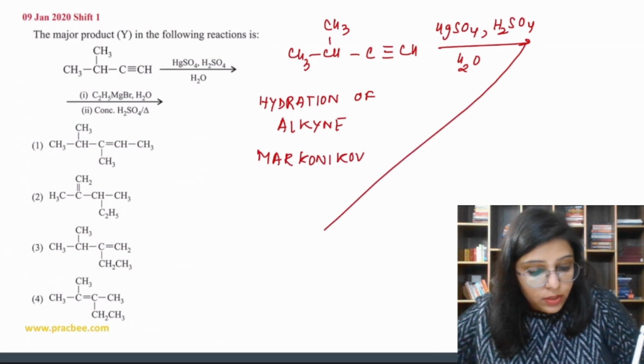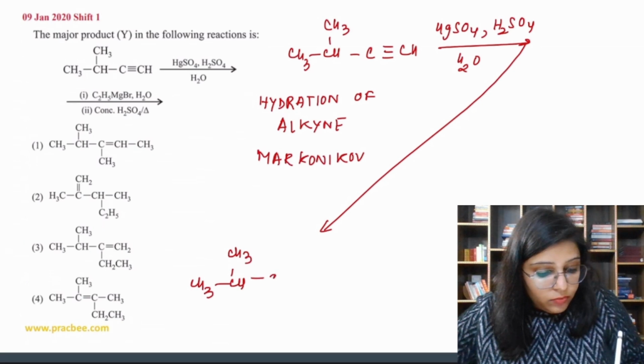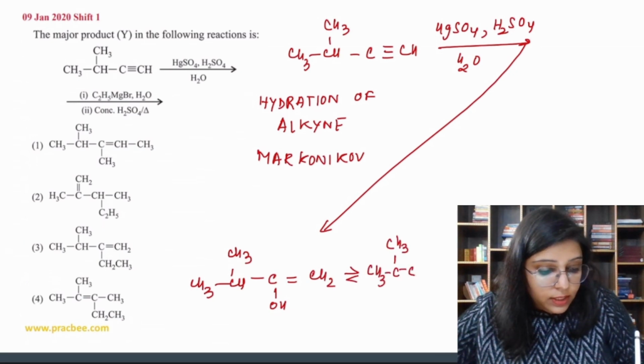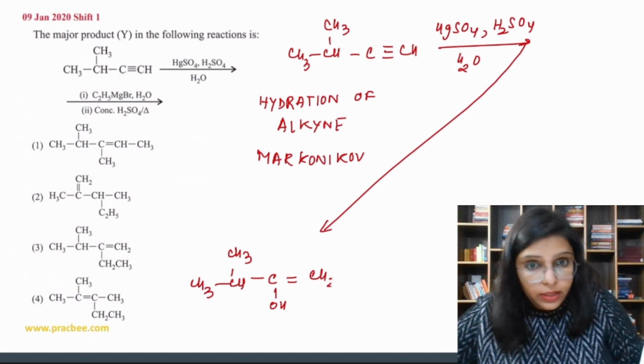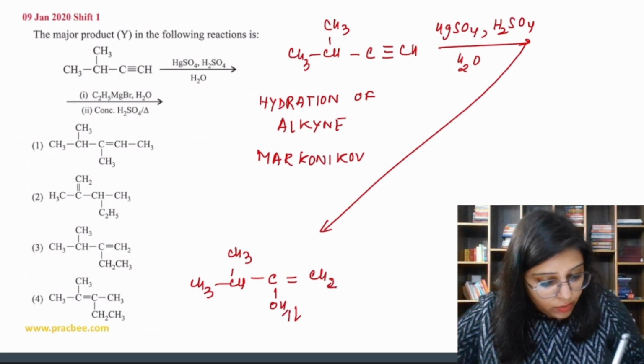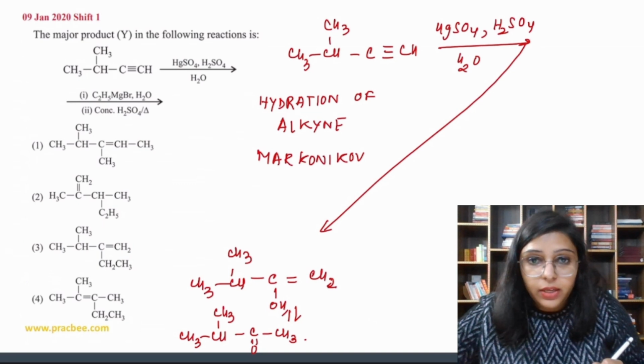So from this we get CH3, CH, CH3, with this carbon we write OH, then double bond CH2, which tautomerizes to give CH3, CH, CH3, then C double bond O, CH3. So we get a ketone.